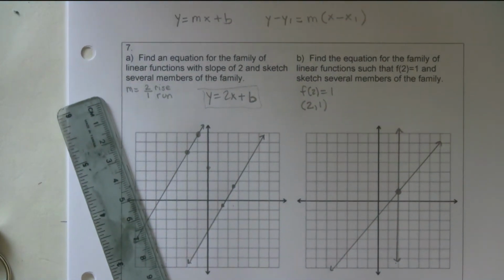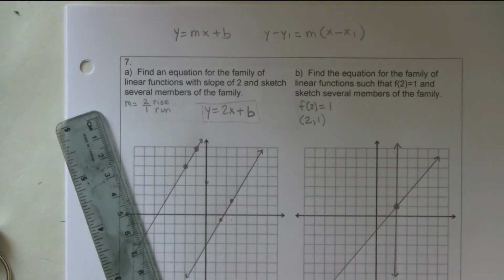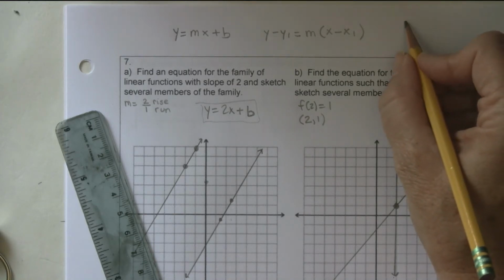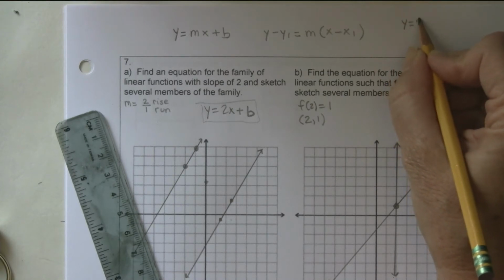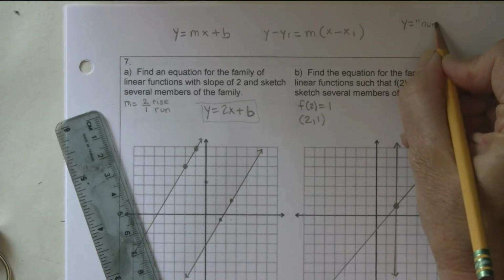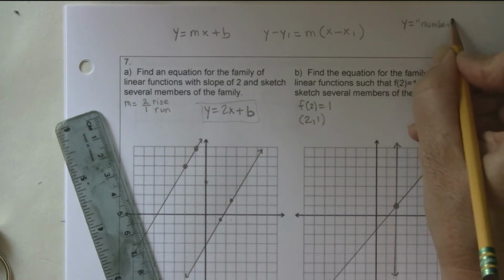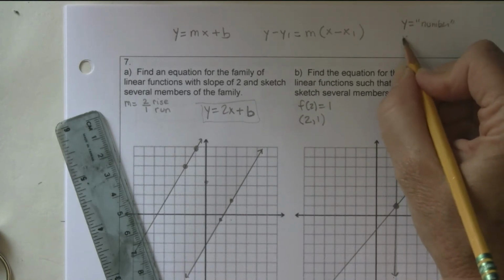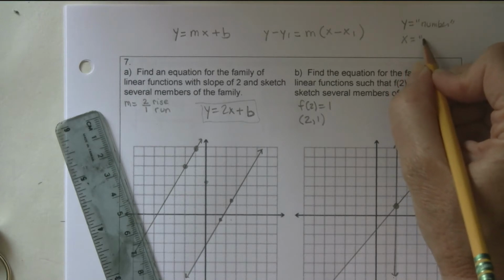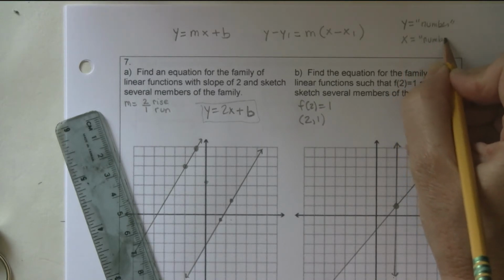And if I go back to my equation builders, I actually have more equation builders than 2. For a horizontal line, y equals a number, and a lot of books use b for that number, and x equals a number, and a lot of books use a for that number.